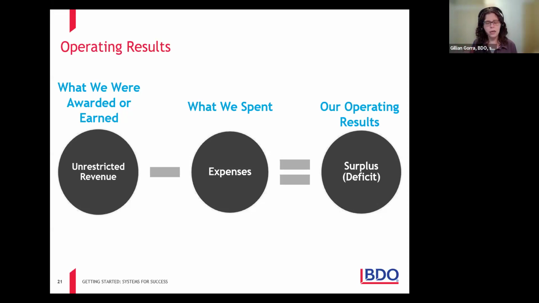At the end of the year, if you have any of those restricted dollars left over for a future time period, they don't count when we're thinking about this year's operating results. We want to think about what was our unrestricted revenue minus expenses. That equals our surplus or deficit.